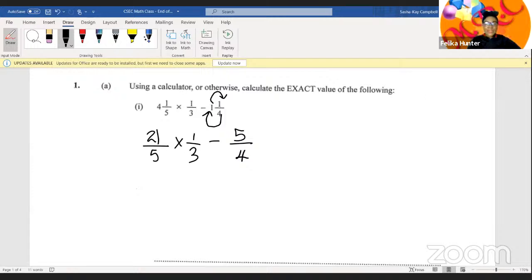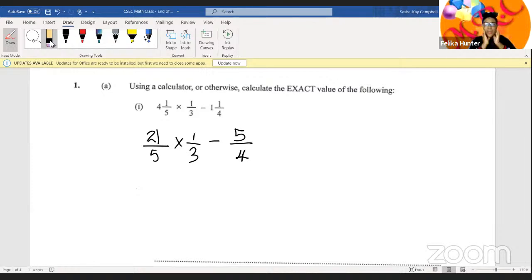Okay, so now that we have changed all our mixed numbers into improper fractions, we can go ahead and do our calculation. When we look at it, we see we're doing some multiplication and we have some subtraction happening.